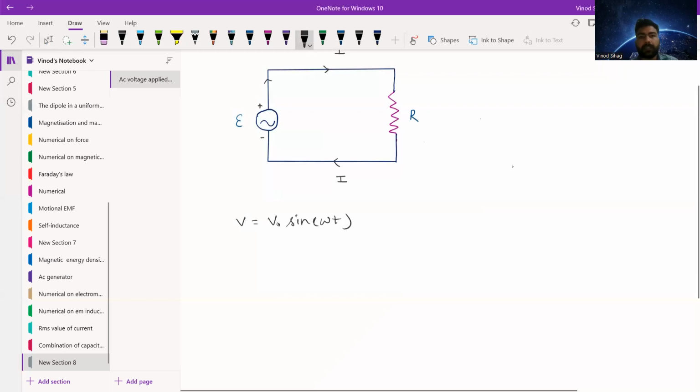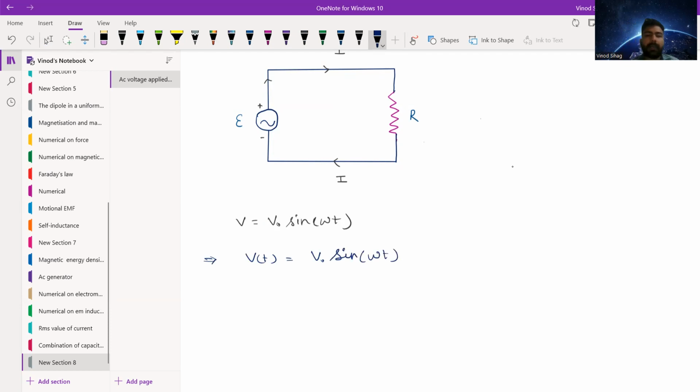Sometimes it is written as a function of time also, because we can see that it is a function of time: V at t equals V naught sine omega t.